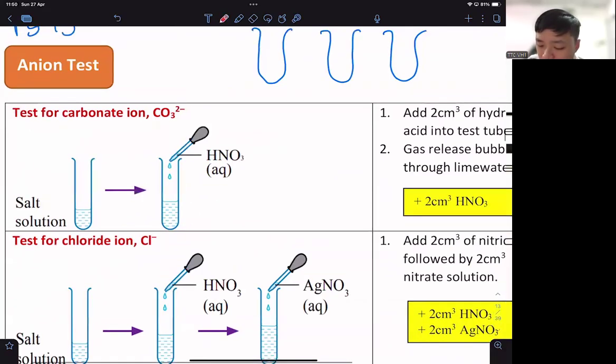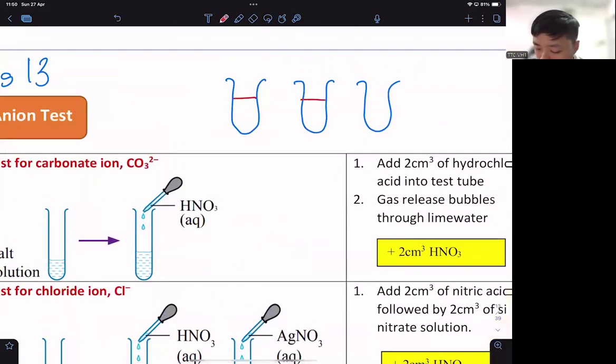So let's say this is my solution. How do I know inside has carbonate? Very simple. What should you add? Only one thing, the acid. Nitric acid alone is enough.